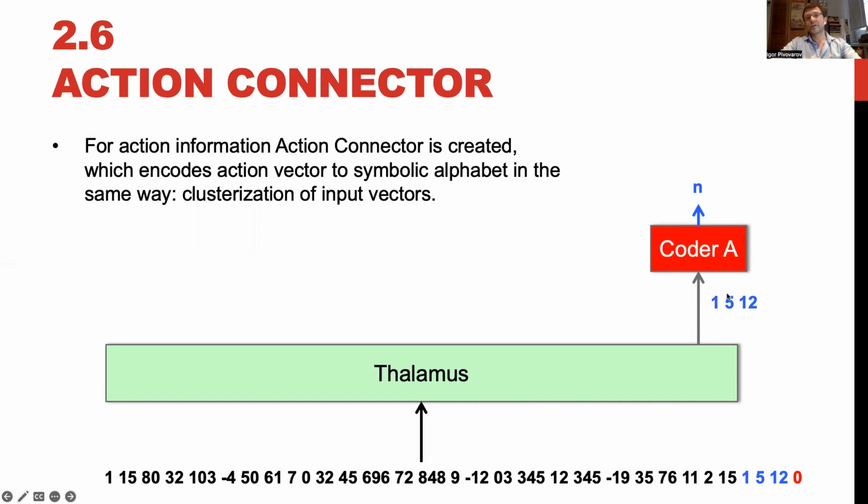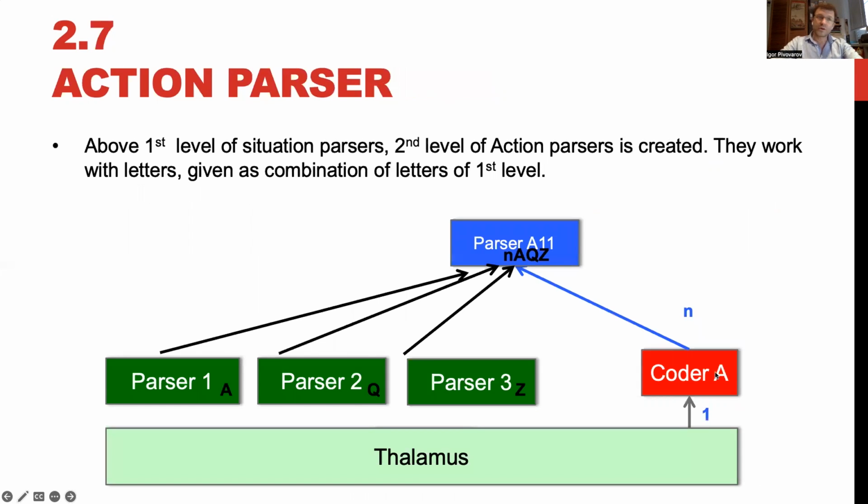Also, Thalamus creates an action encoder, which encodes only the action information into a letter of action. With all these letters, Thalamus creates the next level of parsers, which we call action parsers, that have a complicated letter as an input, which is a concatenation of letters of the lower level.